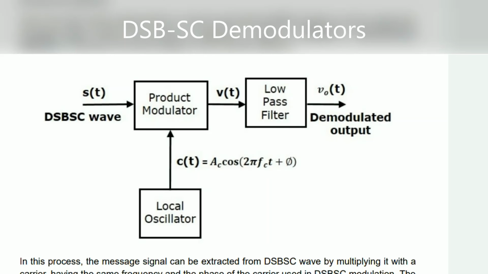Then this signal is passed through the low pass filter to remove the higher frequency signal, and it allows only the message signal, the low frequency signal, that is v0(t), which is the demodulated output.